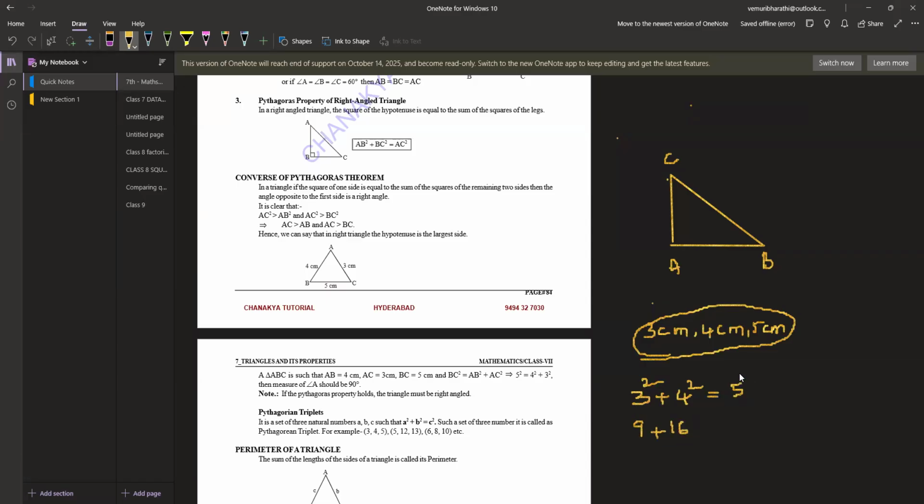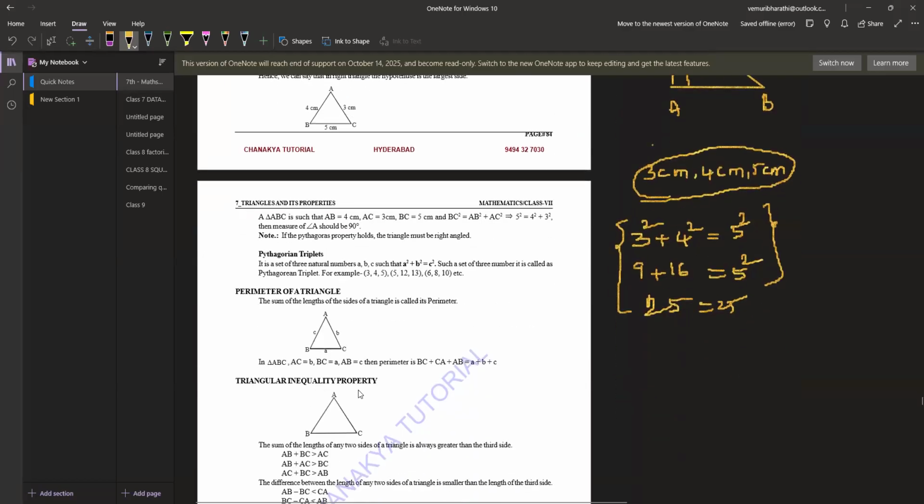If you sum up these two, you will get the third side, 25, the hypotenuse square. 25 is the same as 5 square. That is what we call the Pythagorean triplets. If this rule is true, then we can call them Pythagorean triplets.